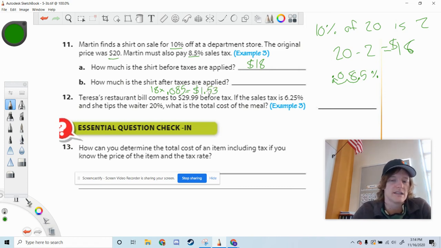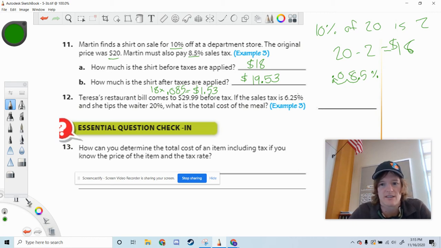I know that that's not done because this t-shirt would be really cheap if it was $1.53. So that is just the taxes. I need to add it on to the 18. His total shirt comes out to $19.53.